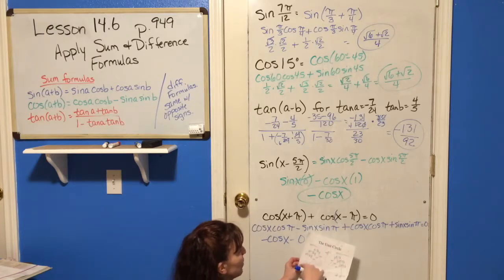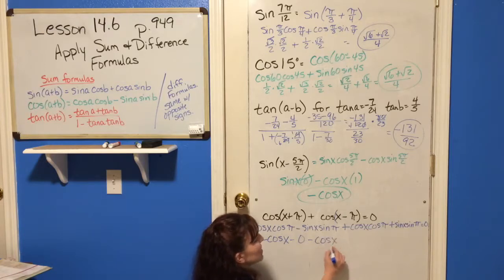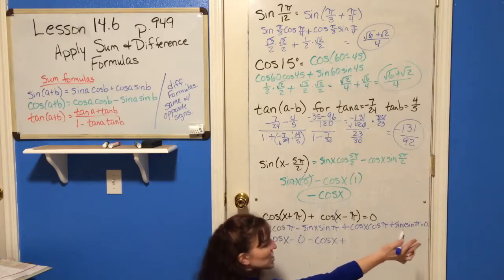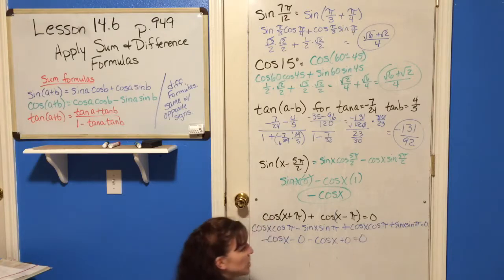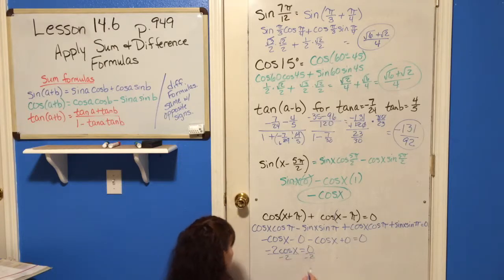Cosine of pi, remember, is -1. So now this is minus cosine of x. Plus sine of x, sine of pi. Well, we just said sine of pi was 0, so that's gone. We could say plus 0 if you wish, and that equals 0. Now when you combine like terms, we have -2 cosine of x equals 0. Divide by -2. Cosine of x equals 0.